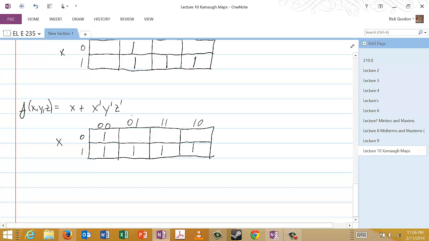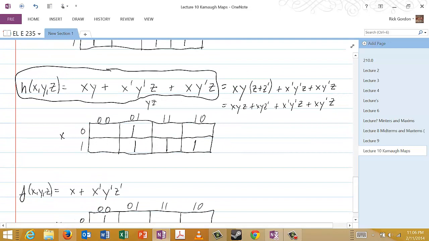And I'd like to point out one more thing to you. The shorter the term is, the bigger its representation on the Karnaugh map. What do I mean by that? Well, x is the shortest term we've seen in all these examples. X is the shortest term, and it knocked out an entire row of 1s. The next shortest term was xy, and remember, it gave us half a row.